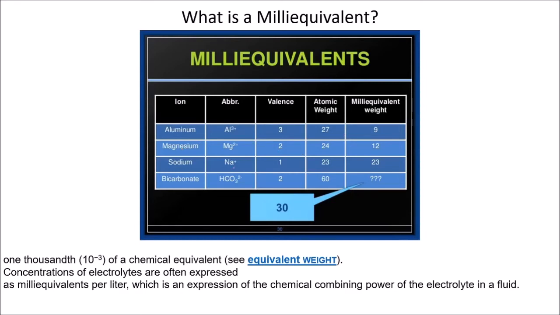So 1,000th or 10 to the negative 3 of a chemical equivalent is equivalent weight. Concentrations of electrolytes are often expressed as milliequivalents per liter, which is an expression of the chemical combining power of the electrolyte in the fluid. So we're not only taking into account the amount that's in here, but how does it combine? How does it dissolve in solution?